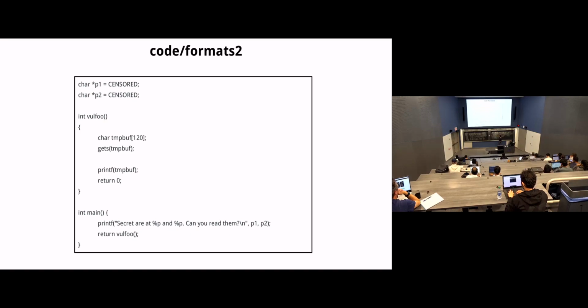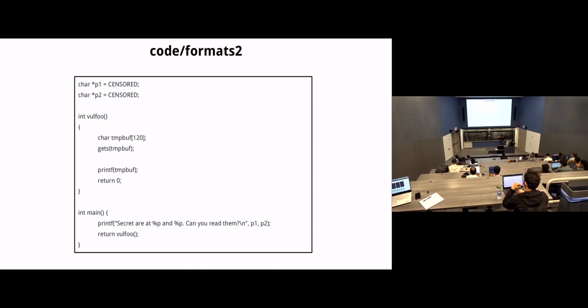Then eventually, we don't have gets anymore. Gets is already done. So now we will have the stack frame of printf. What will the stack frame of a printf look like? It will also have a return address, which obviously points to somewhere in val-foo. Then you have saved EBP, which points to the saved EBP of val-foo's stack frame.